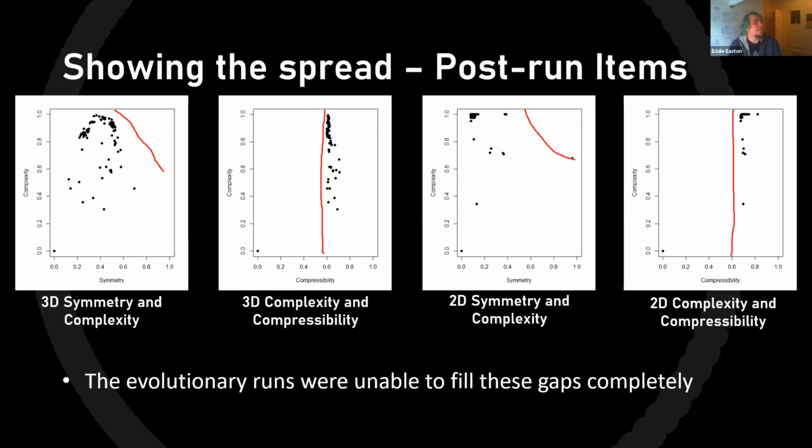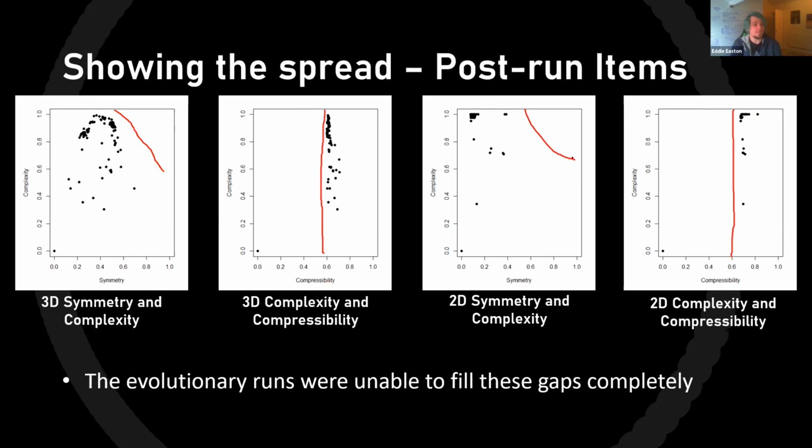I guess we believe that one of the major causes of this is the measures that were being used, and they played a very large part in these gaps being present. For the symmetry and complexity, this is relatively intuitive, and we shouldn't necessarily expect values for high complexity and symmetry, as they are trying to measure opposite attributes in these items.